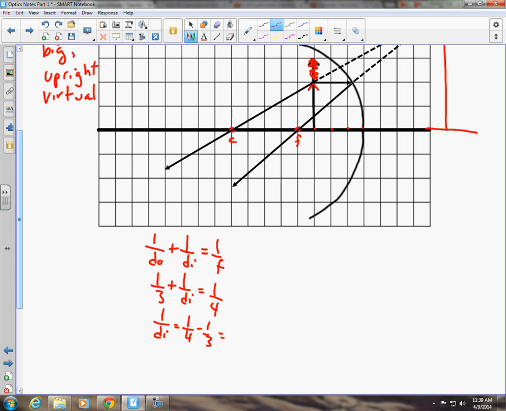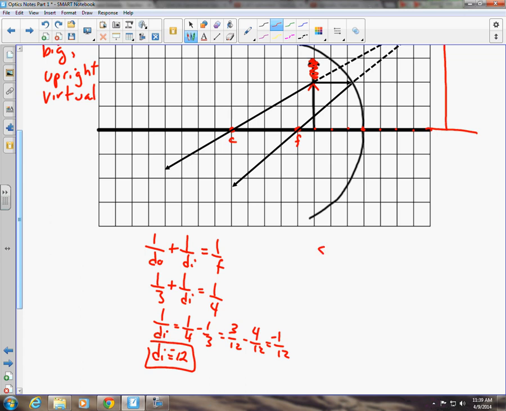Denominator is 12, so it's 3/12 minus 4/12 is negative 1/12. So my DI is negative 12. Now what that means is that it is behind the mirror and that it is virtual. Now again, it didn't work out exactly right. It should be 12 away from the mirror, and it's more like 1, 2, 3, 4, 5. But it does show it's behind there.